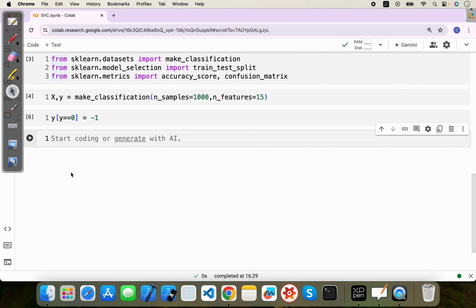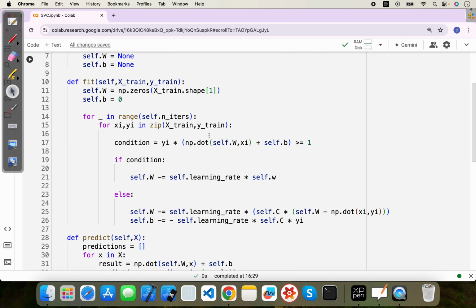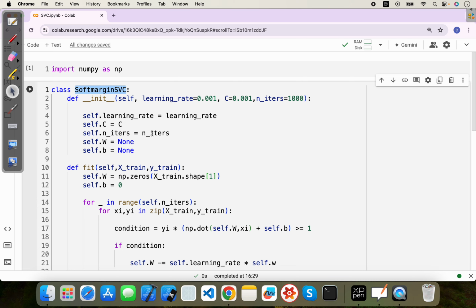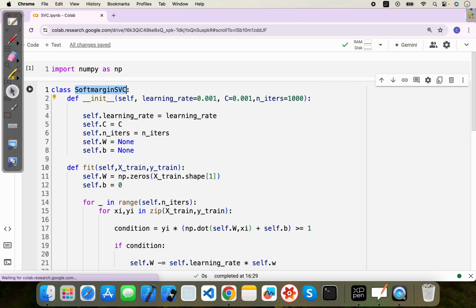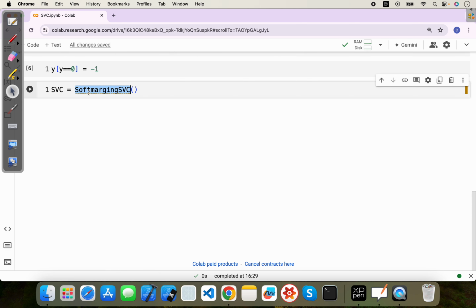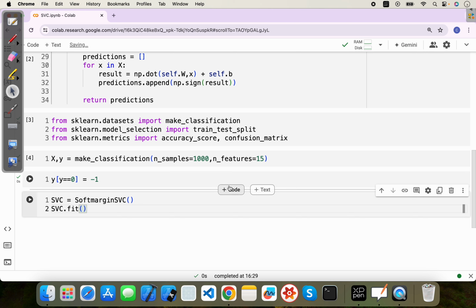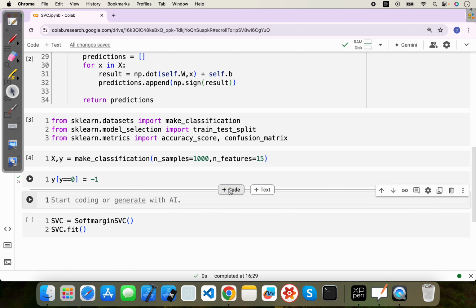Okay, so let's train our model. Let's say SVC is equal to SoftMarginSVC, right? We are just using default parameters here, learning rate, C and number of iterations, right? Let me copy here. So svc.fit. Okay, first we need to divide our dataset into train test split, right? We forgot that.